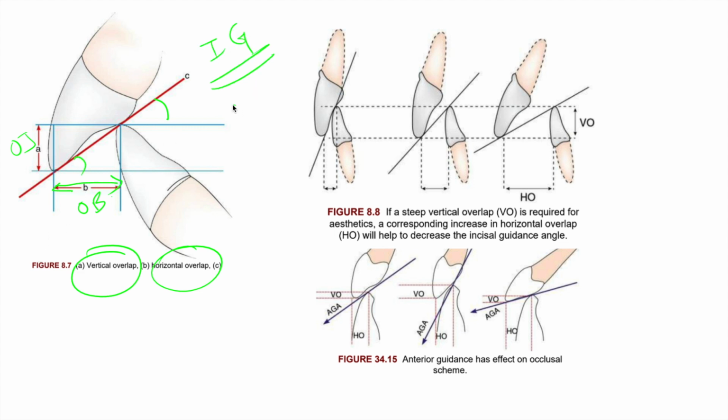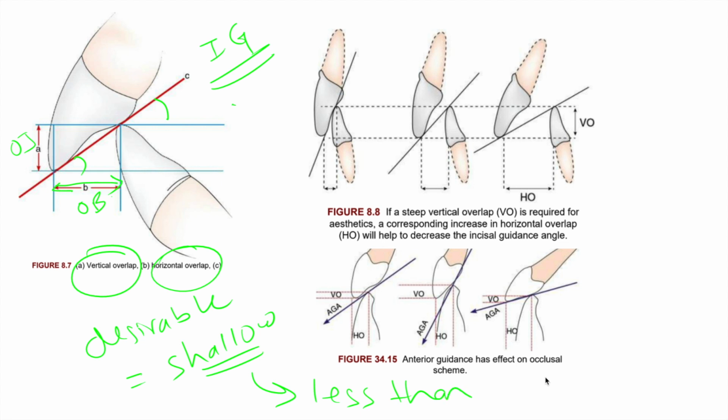And it is desirable, guys, write this down, to have it shallow, especially less than condylar guidance. And what was condylar guidance? 33 degrees on average.